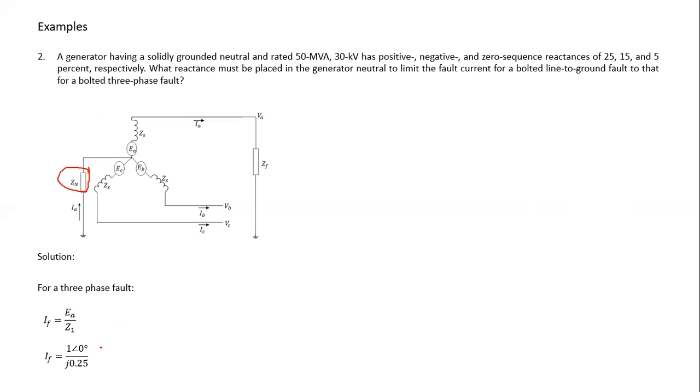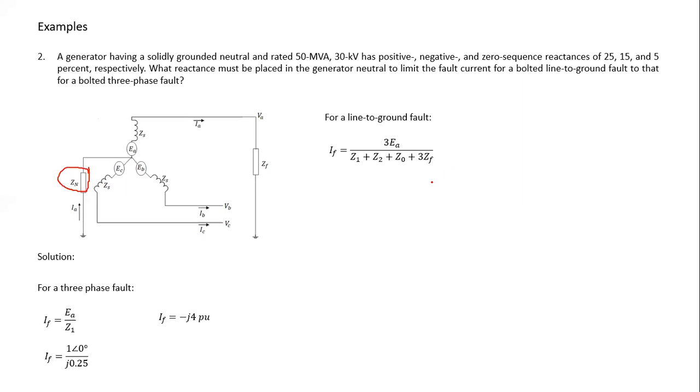So that is 1 angle 0 over j 0.25, which is negative j 4 per unit for a three-phase fault. Now let's consider the single line to ground fault. IF is equal to 3 EA all over Z1 plus Z2 plus Z0 plus 3ZF.